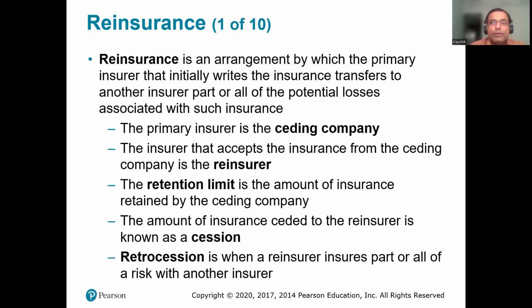Retention limit is the amount of insurance which is retained by the ceding company, and cession is the amount of insurance ceded to the reinsurer. Retrocession is the process of the reinsurer transferring some or all of those losses to another insurer.